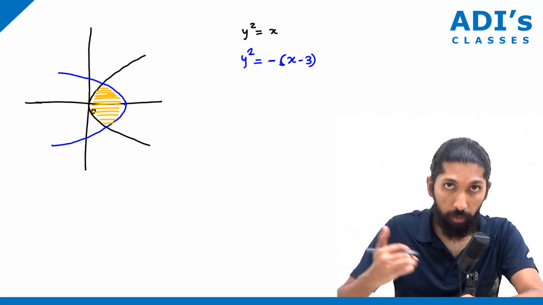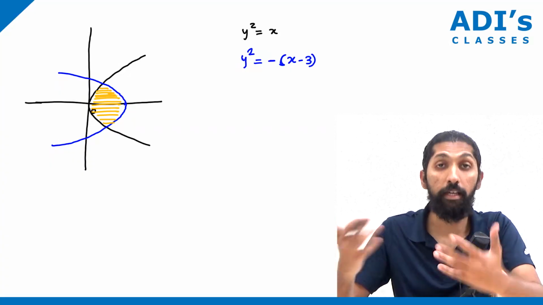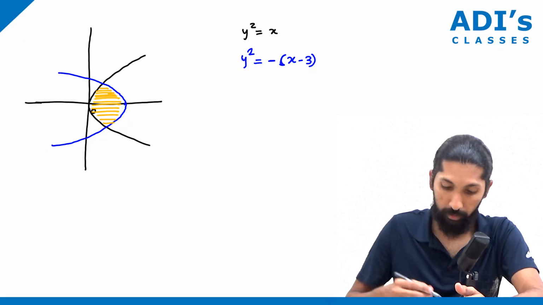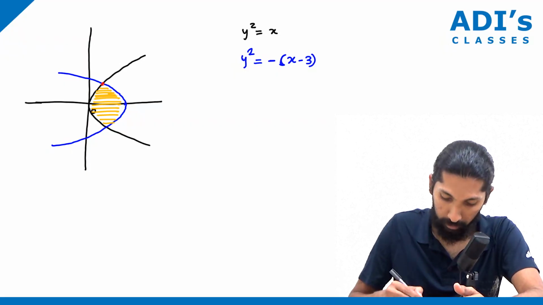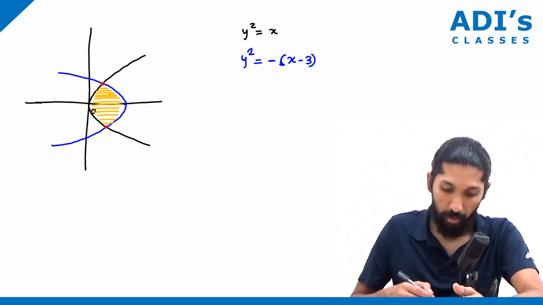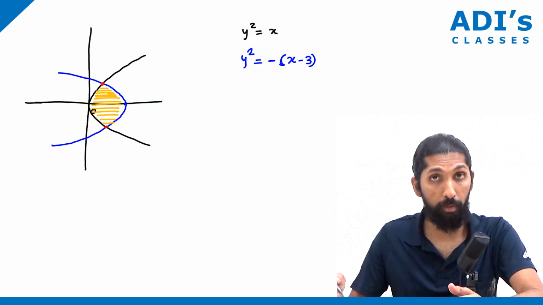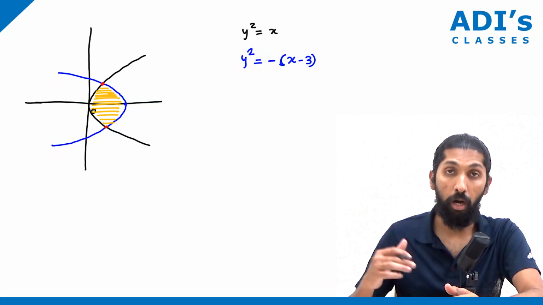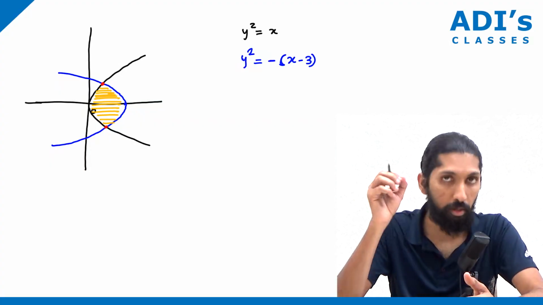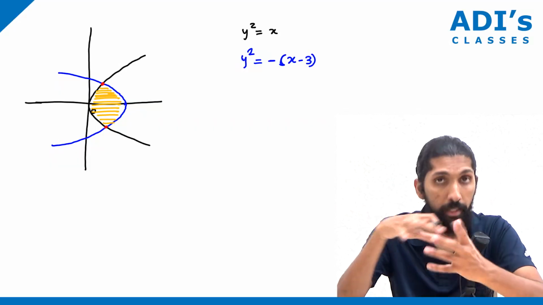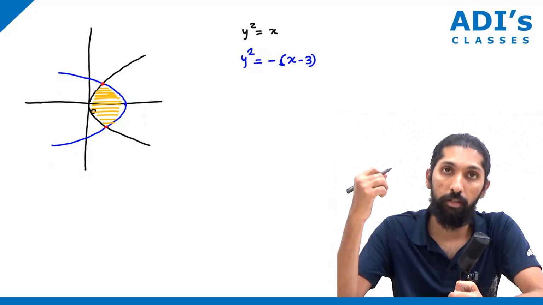Now, how to find the area of this is very simple. First, we are going to find the points of intersection, this one and this one, and we can find the area within. Again, it depends on problem to problem how we split the area, because not every combination of curves can be solved in the same way.